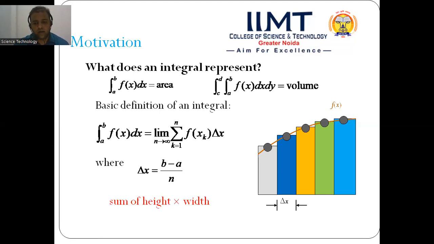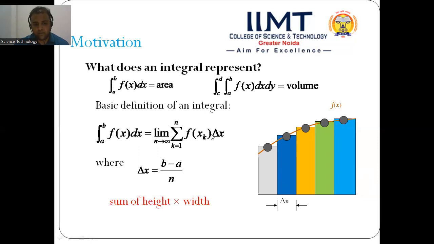As we know, the area of a rectangle is length into width. So the width is given by del x, and the height is given by the function value at the midpoint of the rectangle's width, which is also called the midpoint rule. The area under the curve can be approximated by the sum of the areas of each rectangle.